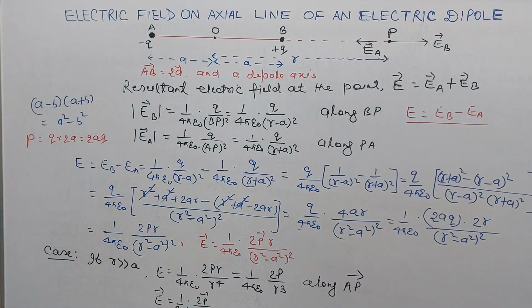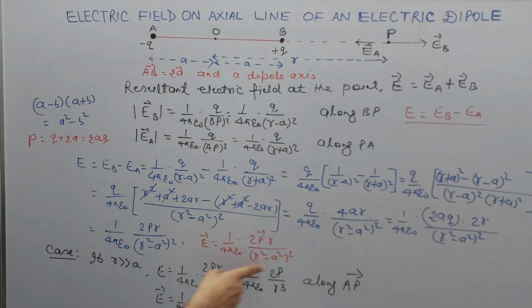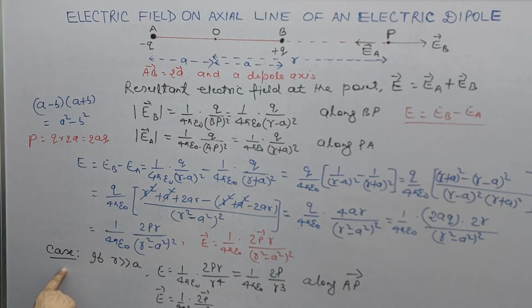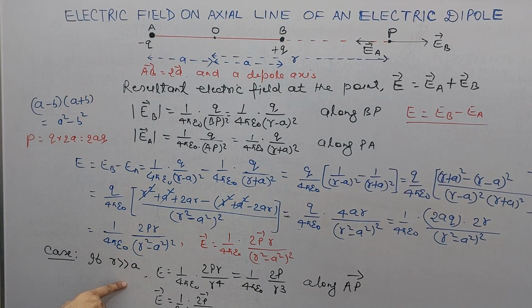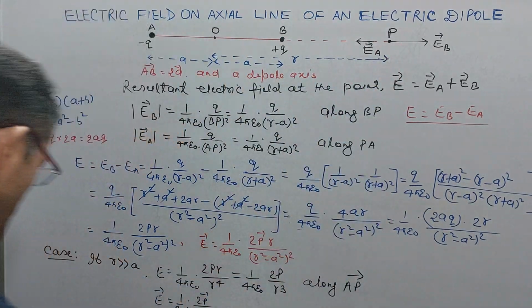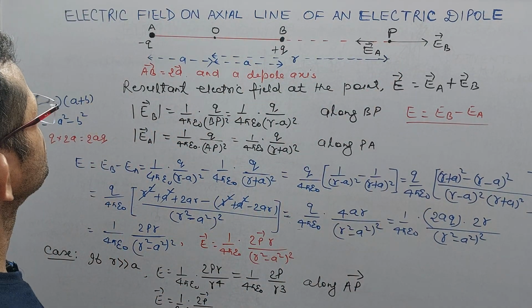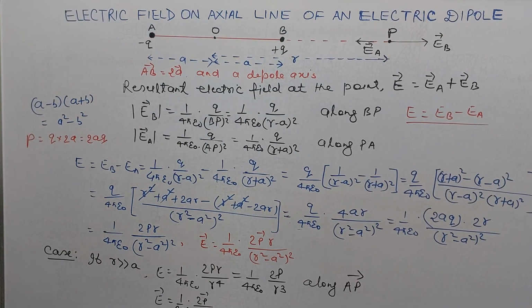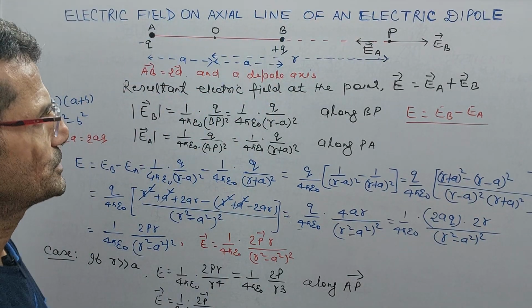Now this is the vector expression. These are the magnitudes and vector formats, and another restricted case will be this one. The dipole axis is from minus q to plus q.